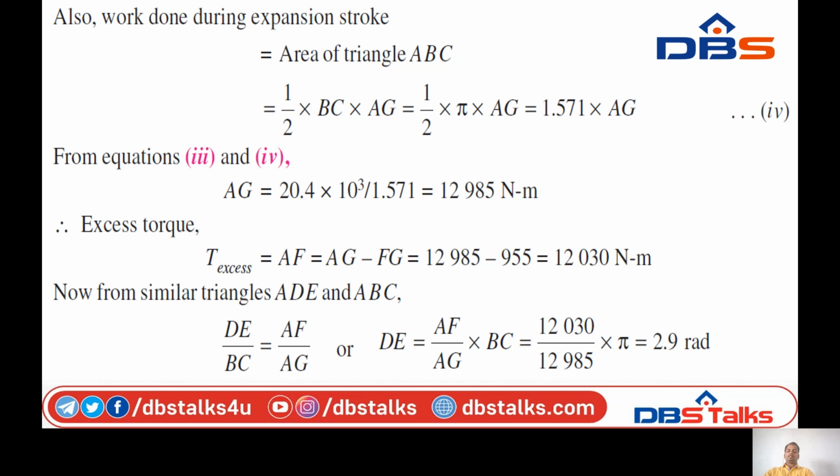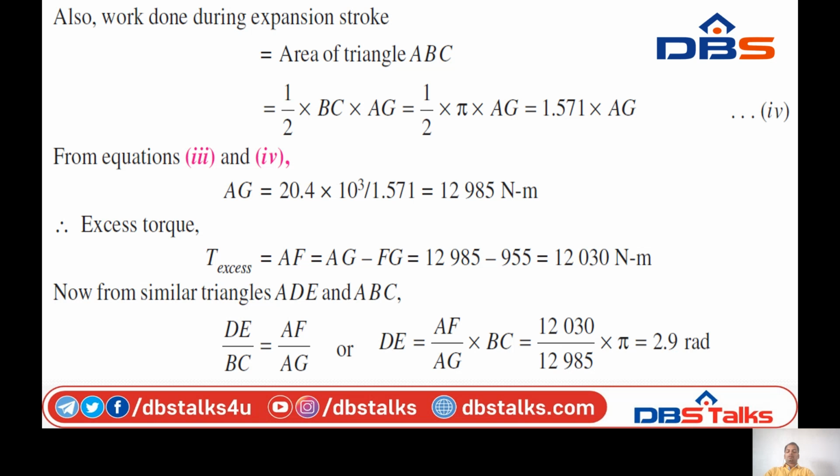Finally, the mass of the rim from the maximum fluctuation of energy is equal to pi square by 900 into m r square into n into n1 minus n2. By substituting all the values, we get m is equal to 1381 kg.